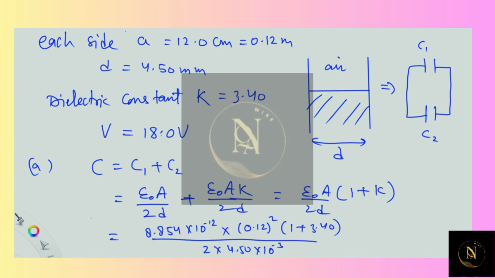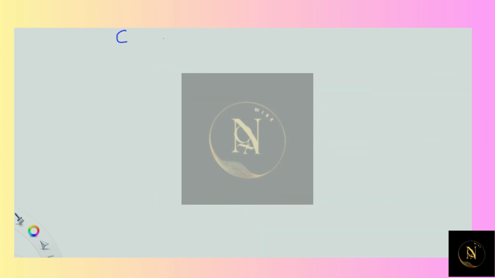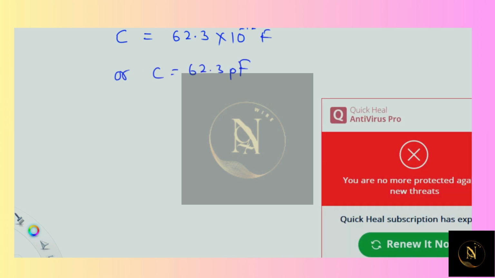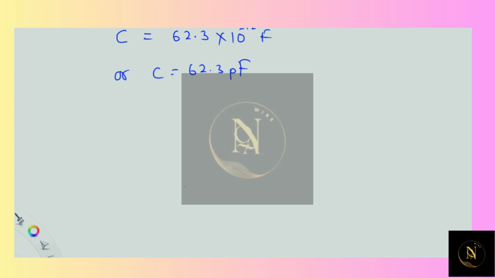So finally this net capacitance is calculated to be equal to 62.3 multiplied by 10 to the power minus 12 farad, or we can say this is 62.3 picofarad. Answer for the first part of this given problem.